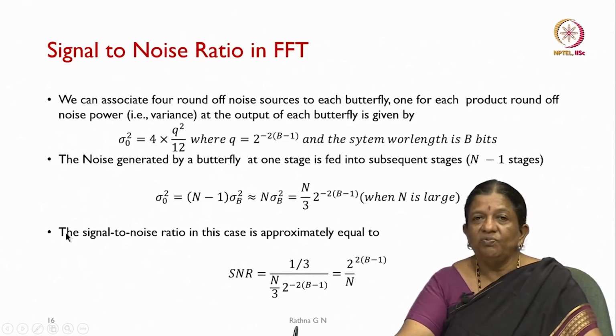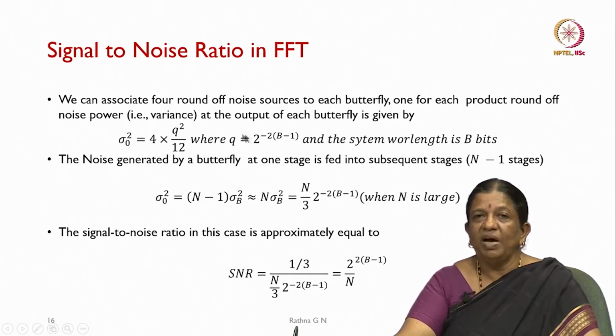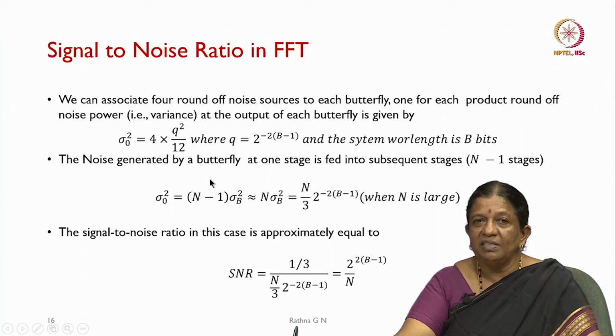Okay. So, we saw just now the signal to noise ratio, and you can go through it. We have number of bits equal to b bits, and we have seen that the noise generated by a butterfly at one stage is fed into the subsequent stages, that is, in this case n minus 1 stages.